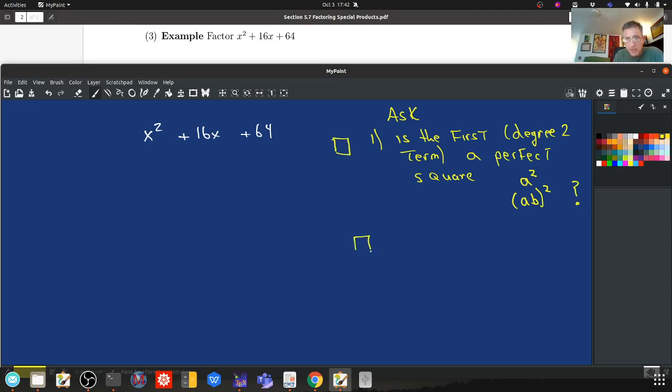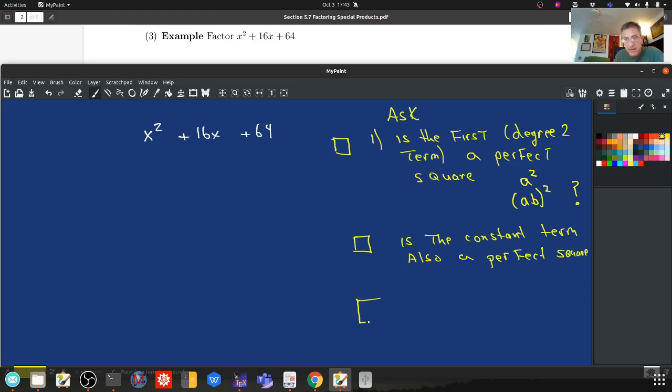Then the second question we ask is, is the constant term also a perfect square? And if it is, we might have a perfect square trinomial.